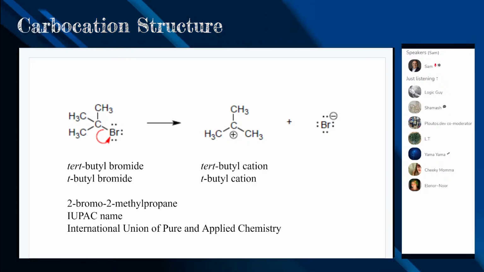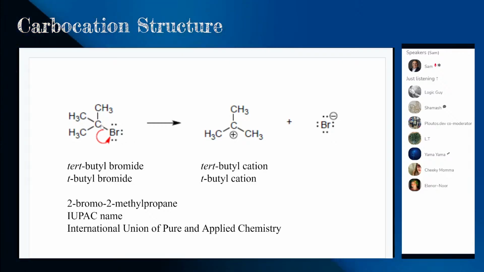The official IUPAC name of this is 2-bromo-2-methyl propane because the longest chain is 3, so it's a propane, and on carbon 2 we have a methyl and a bromo. IUPAC stands for International Union of Pure and Applied Chemistry.